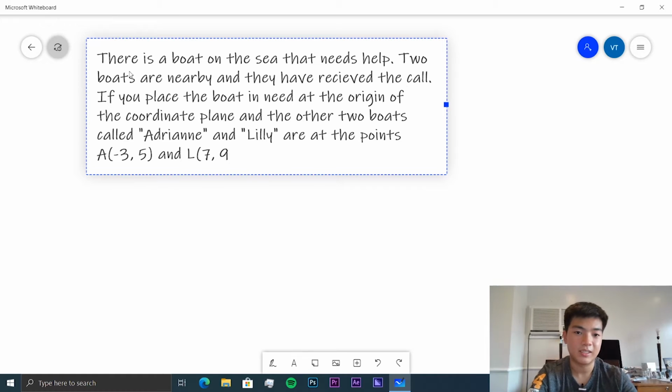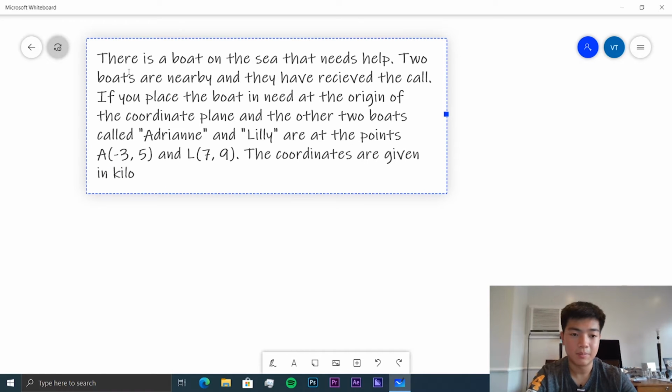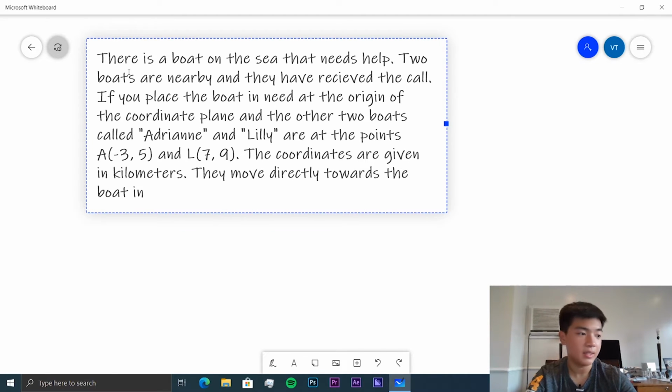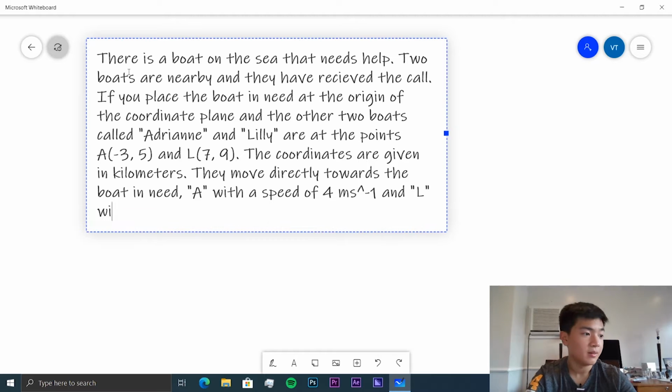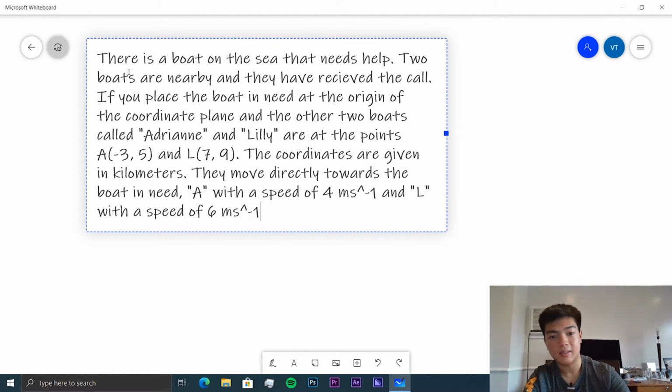It's quite a long question. The coordinates are given in kilometers. They move directly towards the boat in need. Adrienne, I'll just use A, with a speed of 4 meters per second, and L with a speed of 6 meters per second.